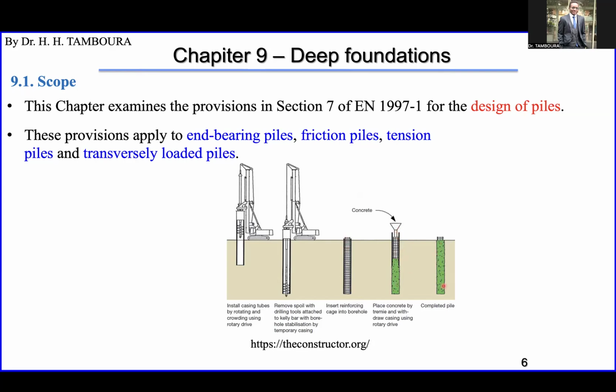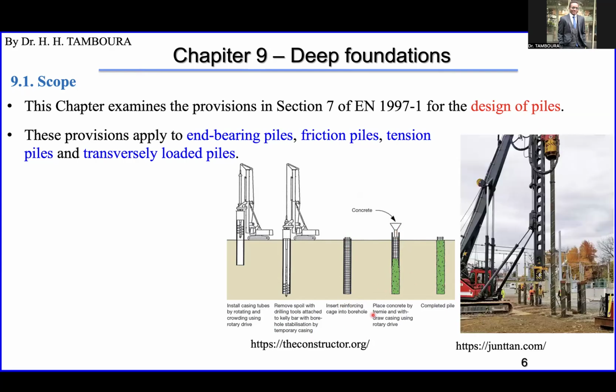You have this kind of pile, and sometimes you install pile in the ground by driving. The pile is driven in the soil, so driven pile. There are different ways of installing pile in the ground, which are different piling methods.